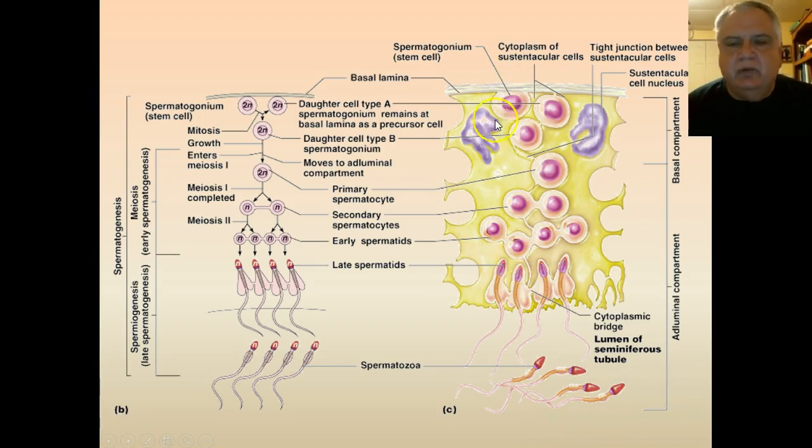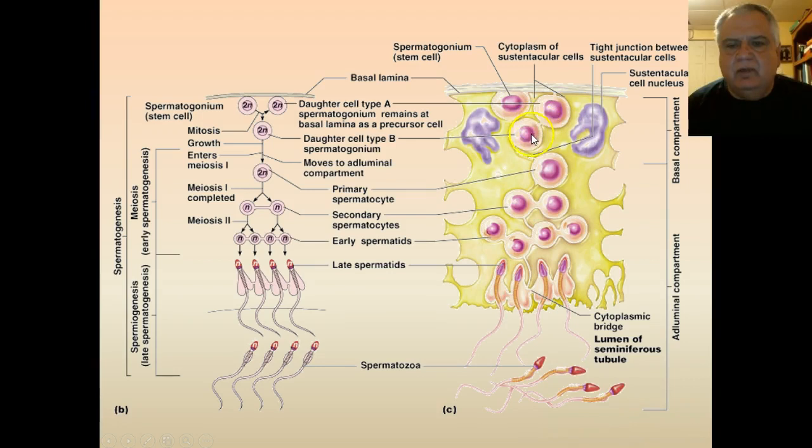Now I want to be careful here. You see this yellow material that's surrounding the cells? This yellow material is actually a type of cell called a sustenacular cell or a nurse cell. These nurse cells surround the developing sperm cells and help to nourish them and care for them as they develop. But here is a sustenacular cell, and it goes out to here, and look at what happens.